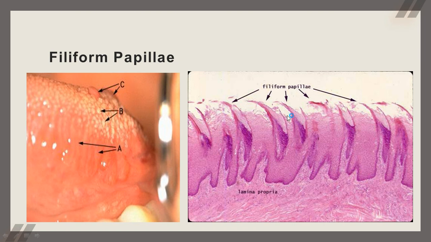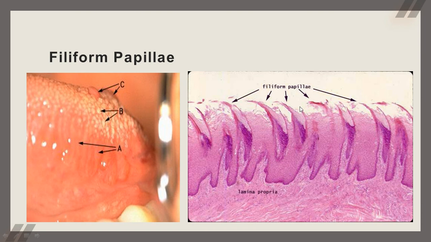These needle-like structures are nothing but keratin. So this is keratinized mucosa. Keratinized mucosa is seen in filiform papillae. Something which is very important to understand, this can come as an MCQ: which papillae is keratinized completely? The answer is filiform papillae.